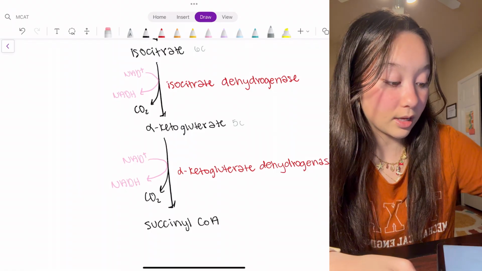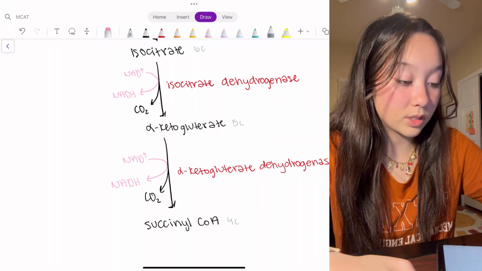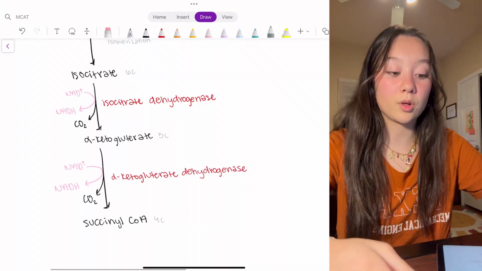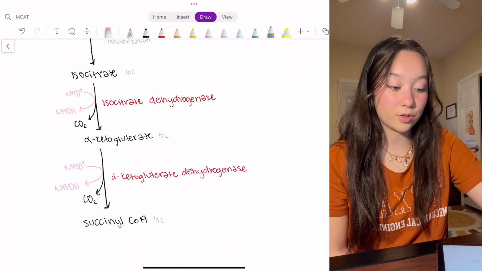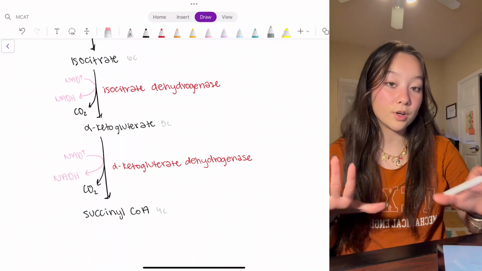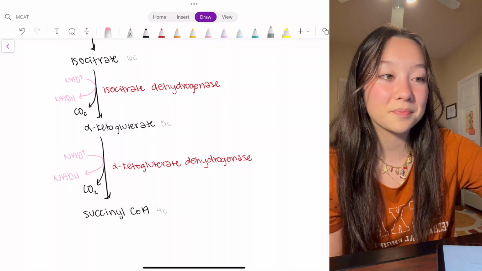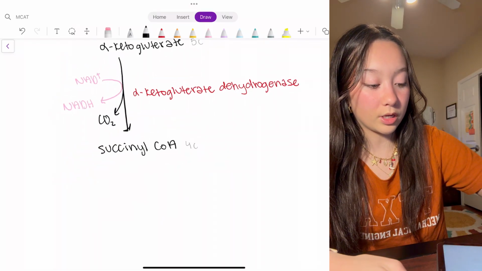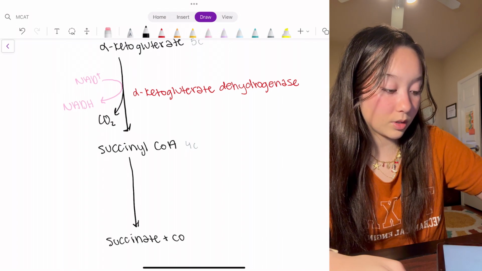So that means that succinyl-CoA will have 4 carbons. And if you notice, the enzymes are named similarly, isocitrate dehydrogenase and alpha-ketoglutarate dehydrogenase. So those 2 steps can be seen as kind of like twins. They're very similar, just the names are a little bit different in the number of carbons. Next, we are moving on, and from here we are forming succinate plus CoA-SH.